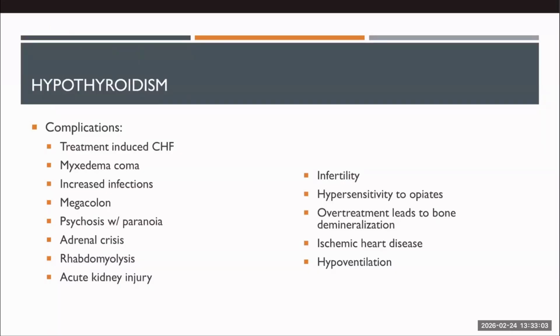Complications can be treatment-induced CHF. How does that work? What condition can result in CHF? Hyperthyroidism, but what specifically will do it? The bad one, thyroid storm, right? And when they get severe hypertension, they go into heart failure. So why in a hypothyroid patient would a complication be treatment-induced CHF?